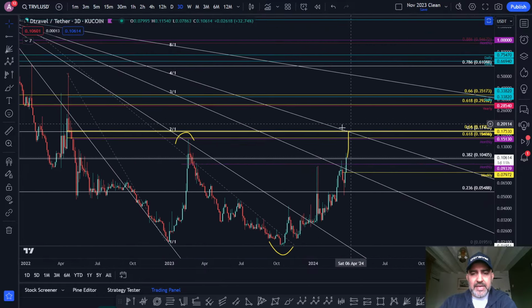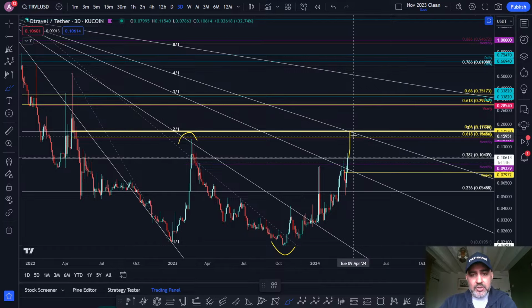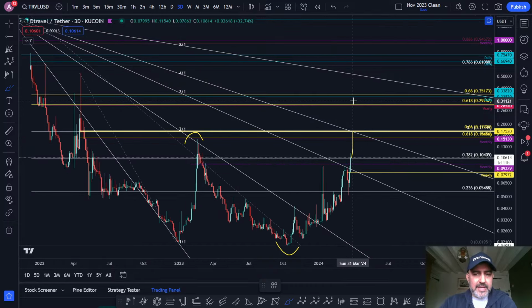Otherwise, we're probably looking to react and look for a correction potentially. I can't predict that. It could happen. I'm still thinking, in my mind, that the big level is the golden pocket, but you just can't ignore confluence of resistance in the way.